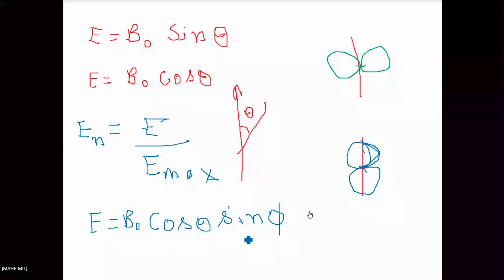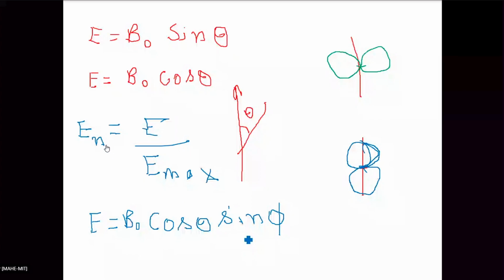If it is given to you and you're asked to plot, you have to keep phi constant in one plane, and for another plane you have to keep theta constant. So you treat the other variable term as 1, cos theta as 1 or sin phi as 1, when you plot it. So that's how you plot.